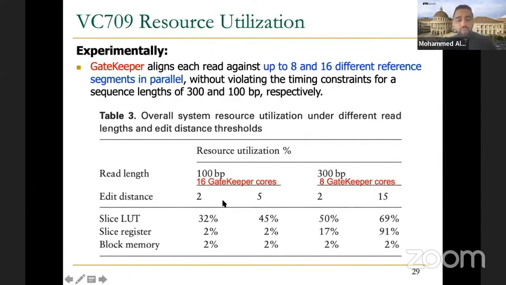So at most, we can solve 16 problems at that time and 8 problems using 300 long sequences. We didn't use long sequences at that time because in 2016, we don't have any technology that provide longer than 300 long sequences. So ONT was just starting and they provide about 65% accuracy, so nobody was using it at that time.